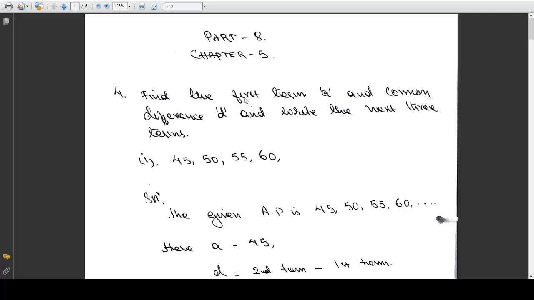Okay, now here we'll be discussing this number 4. Find the first term, which is a, and the common difference, which is denoted by d, and write the next 3 terms.